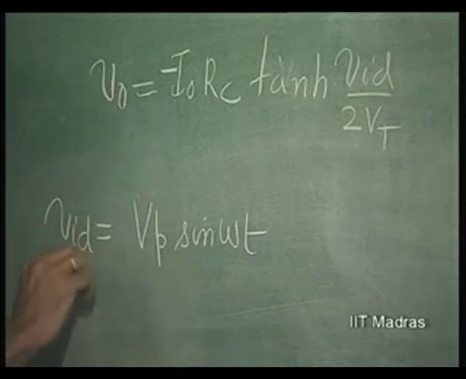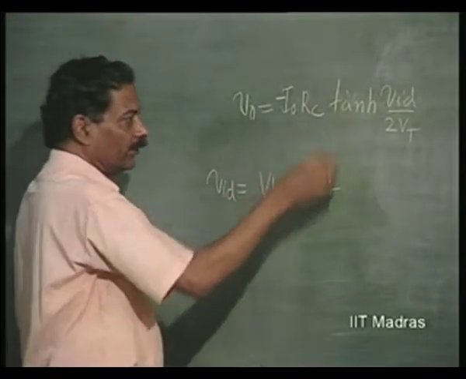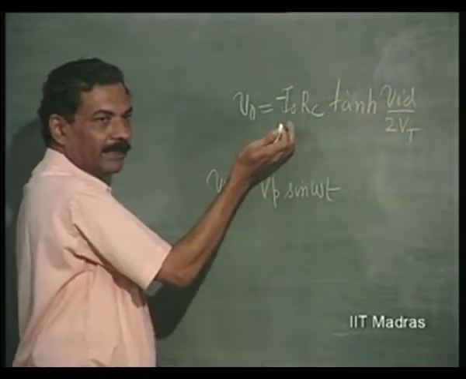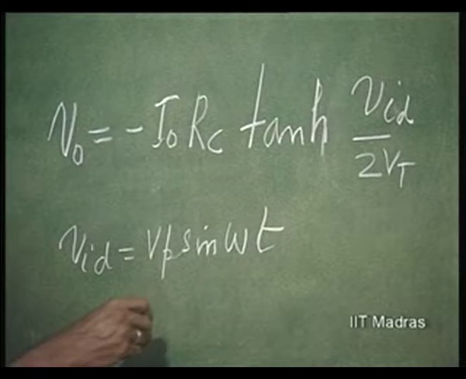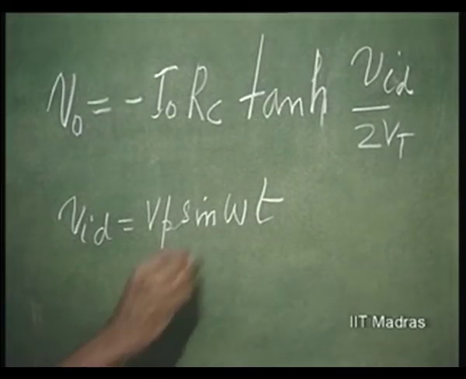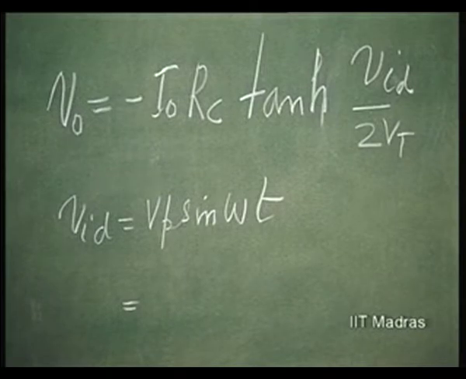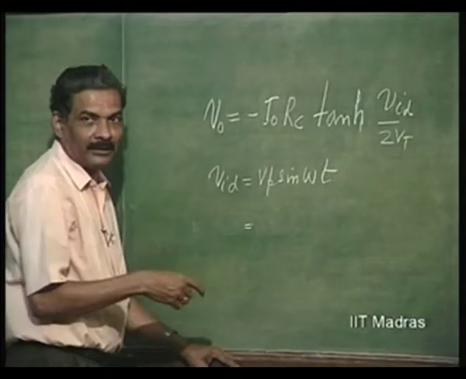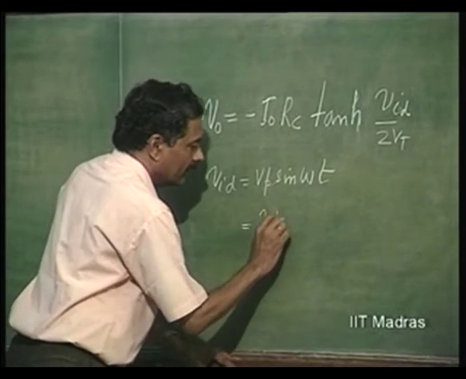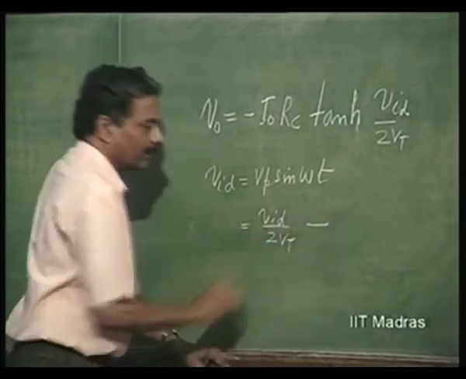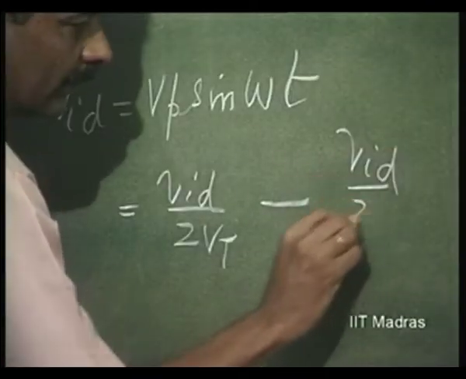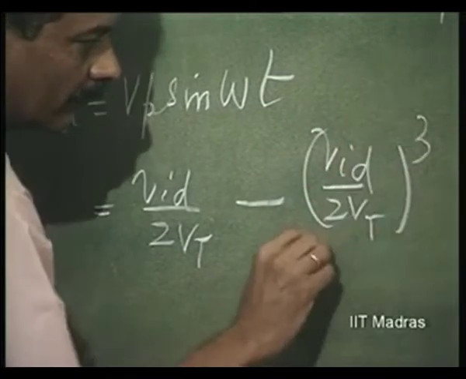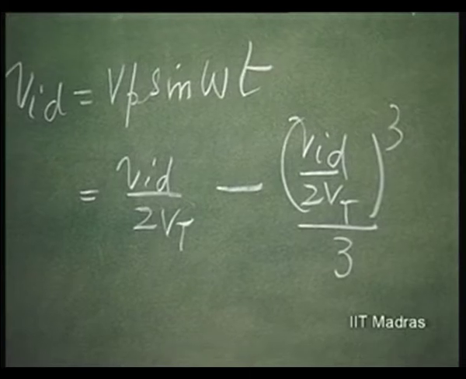As far as the x factor is concerned, we know that this is straight away coming as VID by 2 VT. This tan hyperbolic VID by 2 VT can expand as this. If it is x, it is x minus x cubed by 3. That means VID by 2 VT minus VID by 2 VT whole cubed by 3 and so on. Right?